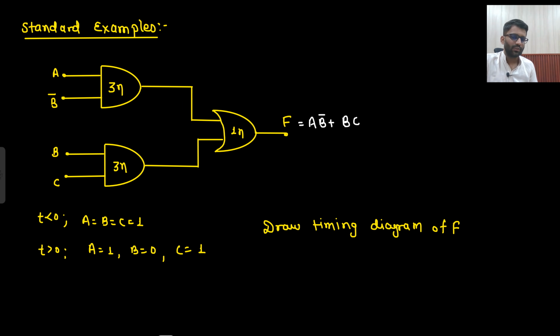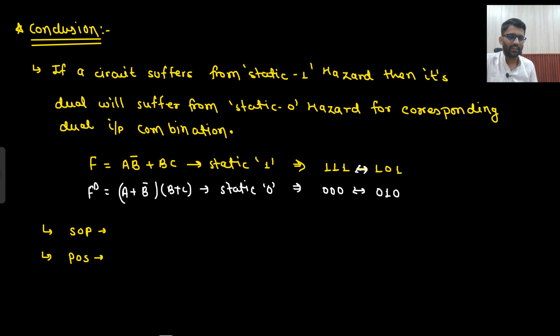AB bar plus BC. So what did you end with? You ended with static 1 hazard. So if there is SOP form, then I will think about static 1 hazard. And if there is POS form, then I will think about static 0 hazard. So in POS form there is a possibility of static 0 hazard. In SOP form there is a possibility of static 1 hazard.